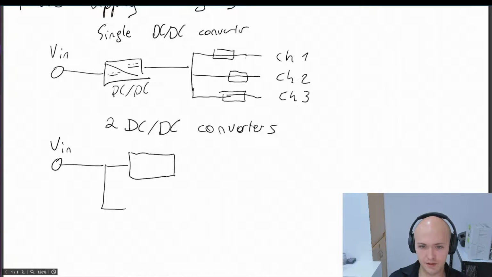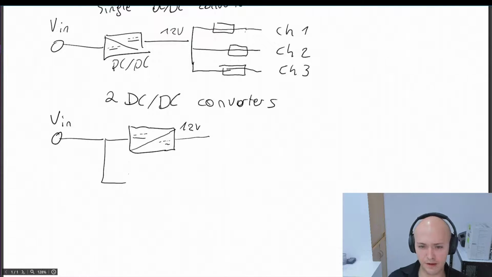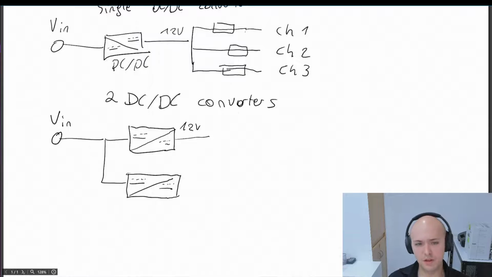Yep, I can't decide which way around I want to draw this. So let's keep it consistent. So we have here 12 volts above, and down there we would have a 5 volts. So we have them in parallel, and we are driving both of them at the same time.